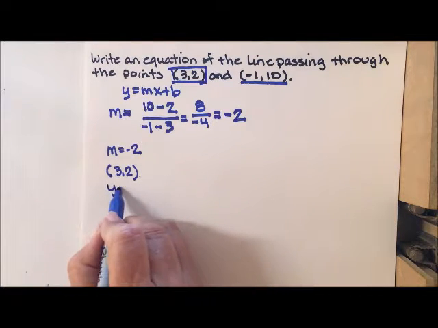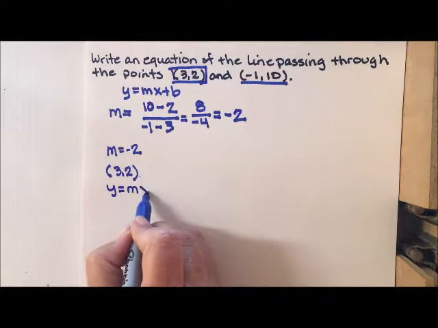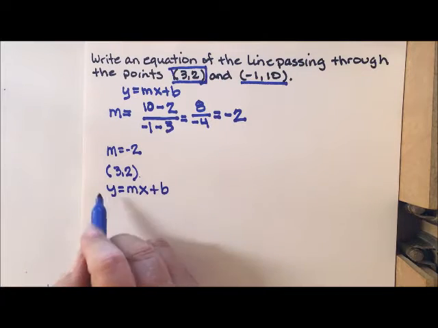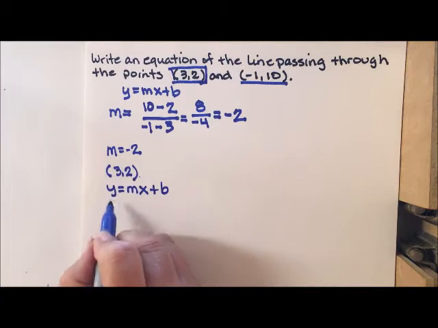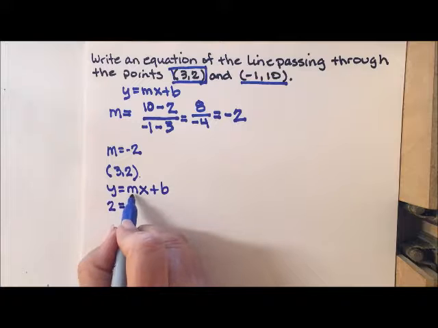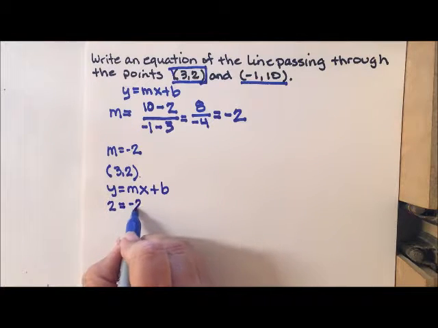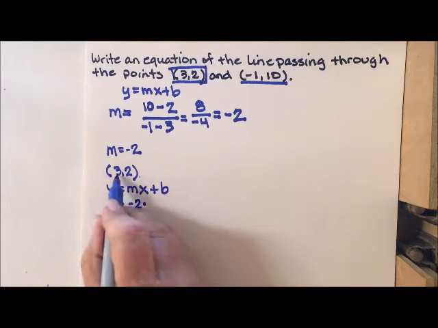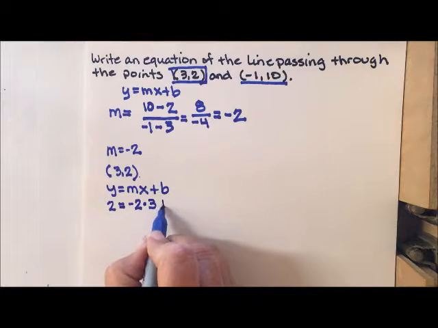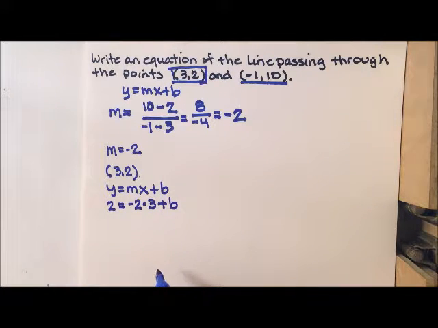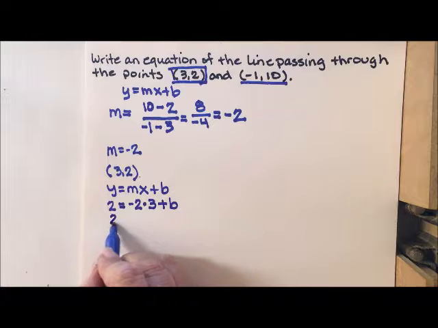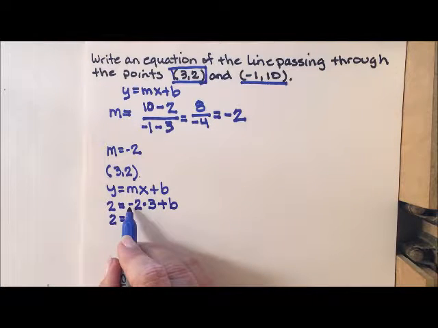So I'm going to start with y equals mx plus b. My y is my 2. My m is my -2, and times x, which is 3. This is exactly like the last lesson you did. We're going to simplify and solve for b.